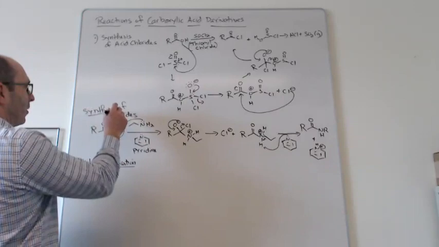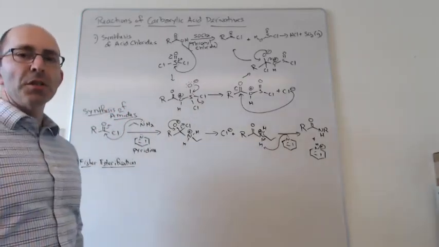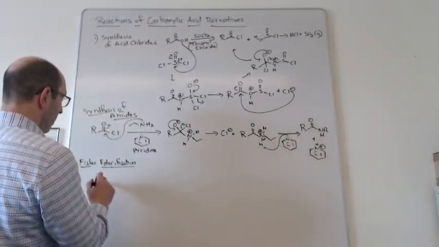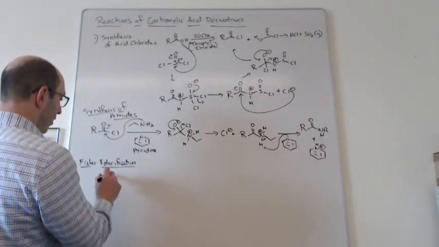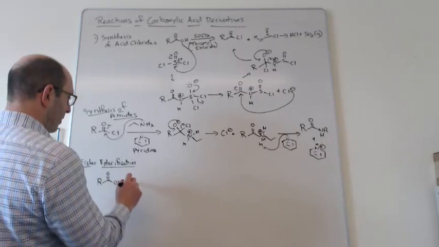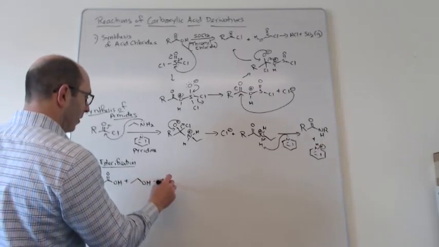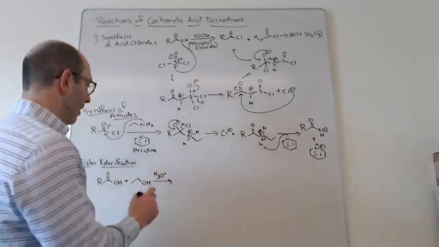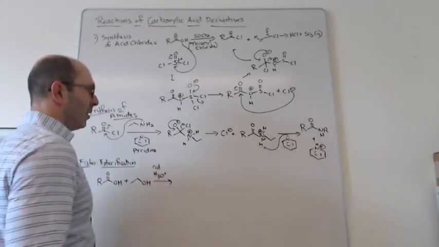Another very popular way to make esters, because again, we can make esters from an acid chloride or from a carboxylic acid, right? So if we have a carboxylic acid and we react that with ethanol in the presence of acid, and again, it's catalytic acid, we can form an ester.